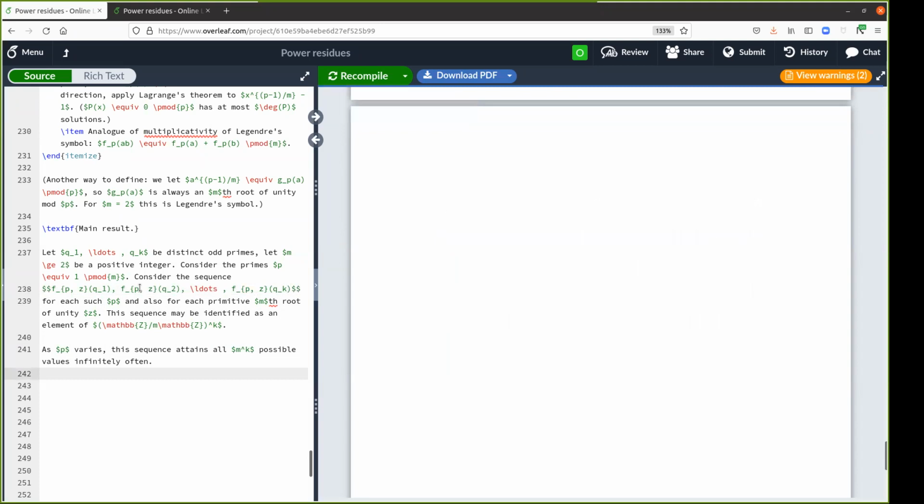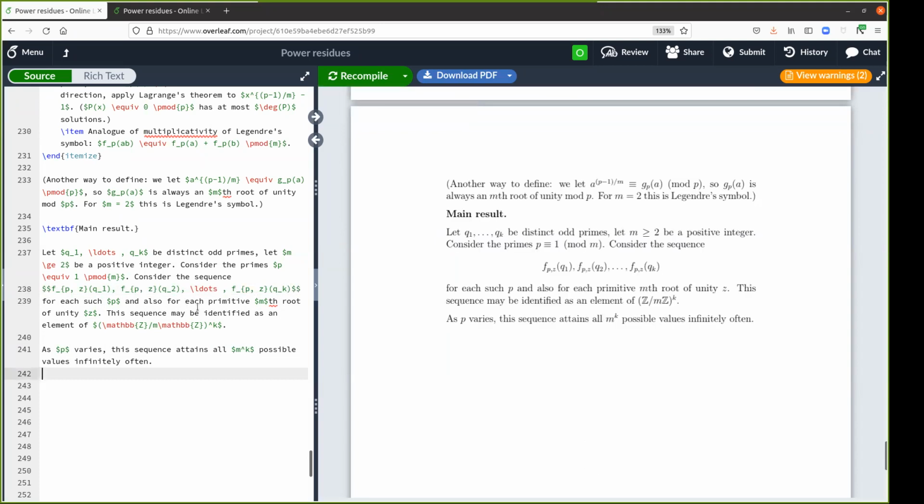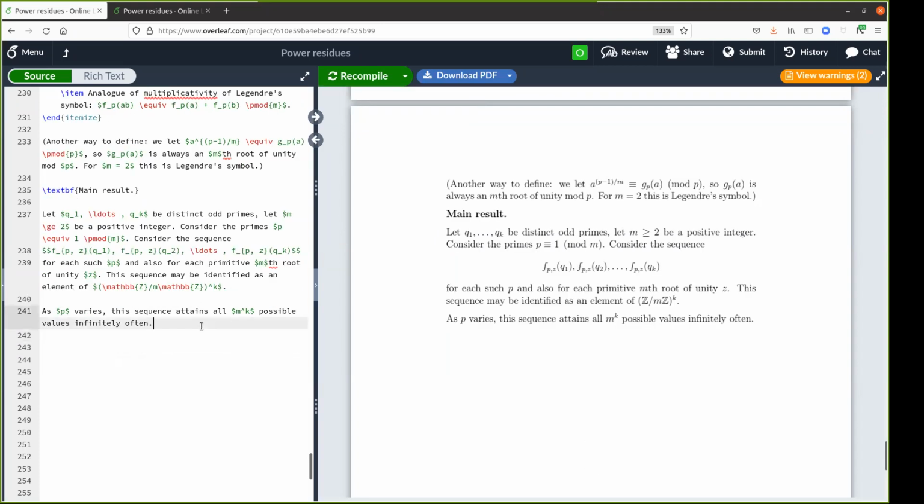Like z wouldn't be the same, cannot be the same for all. Okay, sorry, I misunderstood. So, as was mentioned previously, the value of the f_p function also depends on the choice of z. I'll give an example in a second. So this sequence is by no means uniquely defined.